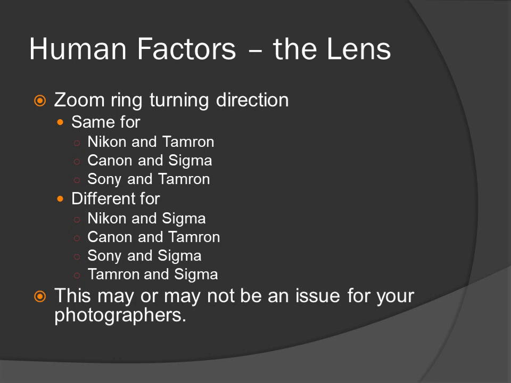This may or may not be an issue for your photographers. For me, when I'm shooting sports, it is a critical issue. I have tried once using a Sigma lens on my Nikon, and I kept turning the zoom ring in the wrong direction. After 15 minutes, out of total frustration, I just put the Sigma away.